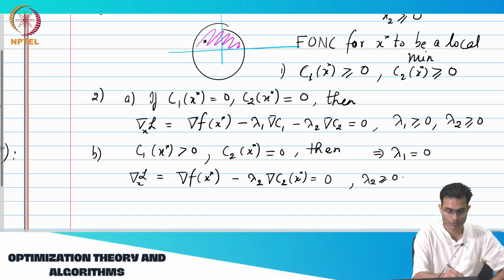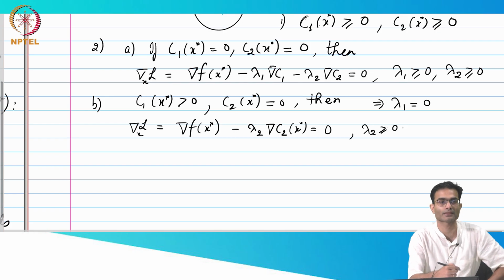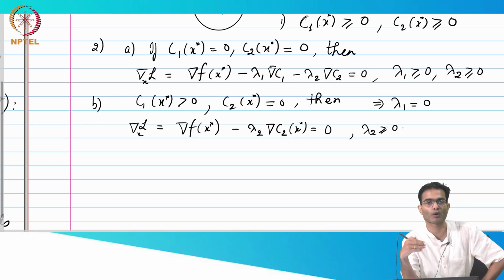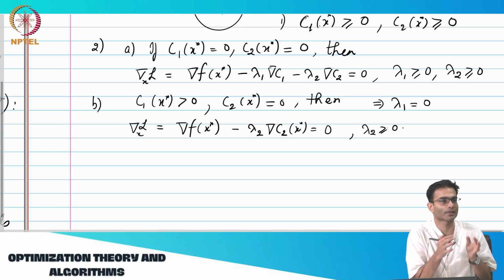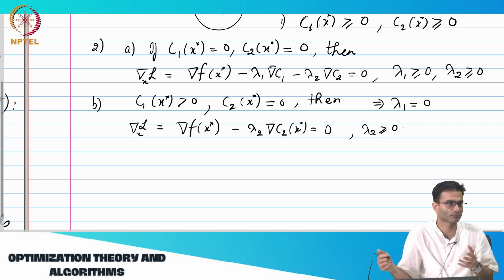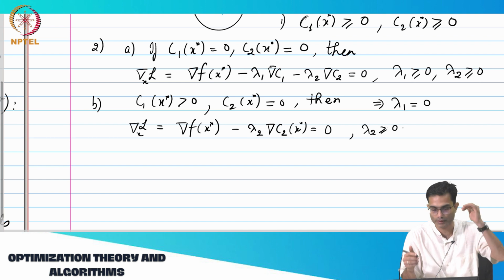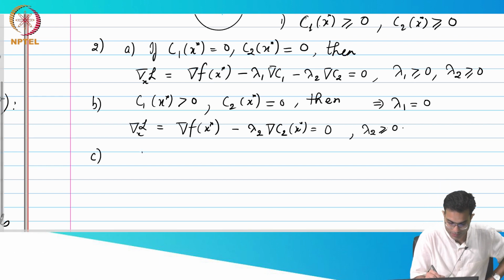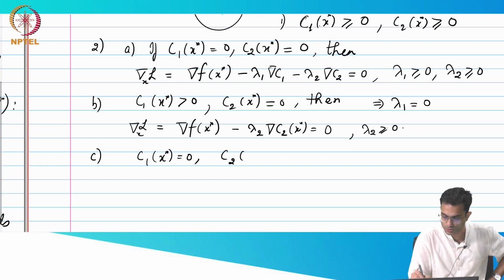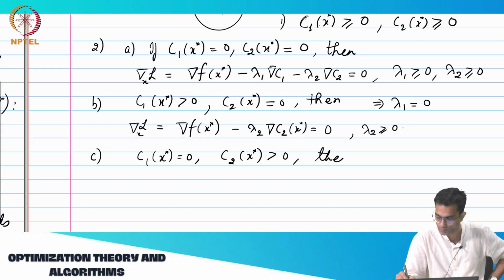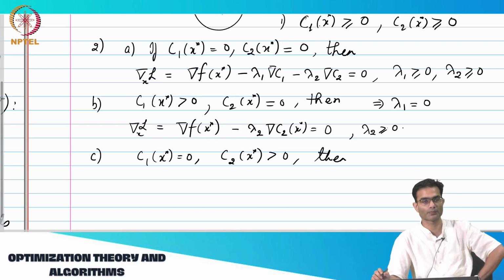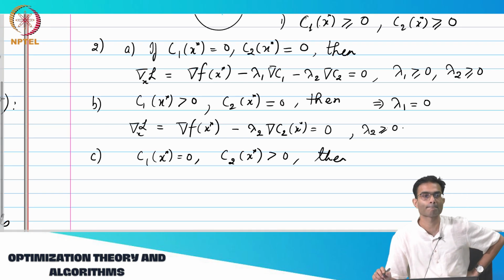So I'm giving you practice in inferring how to use this theorem. What are the various conditions that this theorem tells me to check for? That's why I'm going step by step over here. Condition C is the symmetric one. C1(x star) equal to 0, C2(x star) greater than equal to 0. Then which of the lambdas will go to 0?